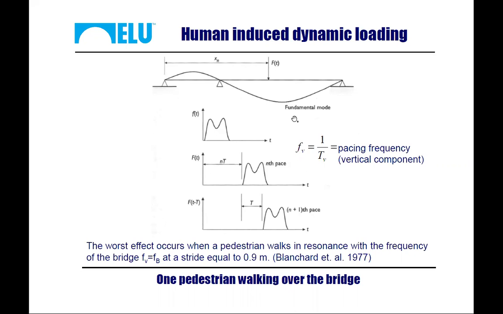If this frequency will be equal to the bridge frequency, say in the fundamental mode, then what we get is resonance, and what we get is the maximum effect of our walking over the bridge. So pacing frequency equal to bridge frequency leads to resonance and to high amplitudes in the bridge motion.